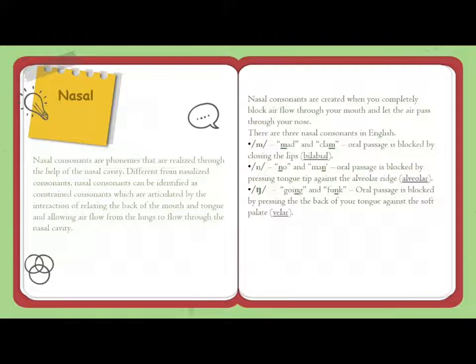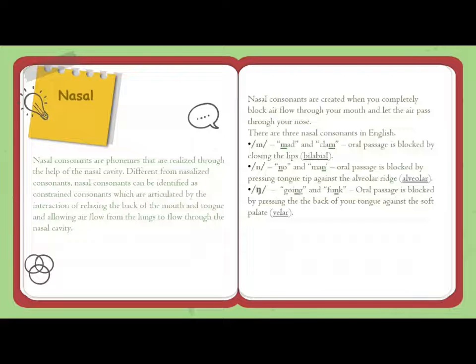Different from nasalized consonants, nasal consonants are articulated by relaxing the back of the mouth and tongue and allowing airflow from the lungs to flow through the nasal cavity. Nasal consonants are created when you completely block airflow through your mouth and let the air pass through your nose.